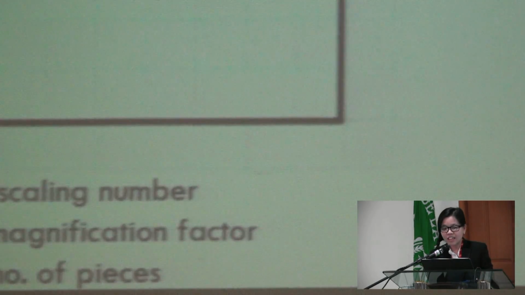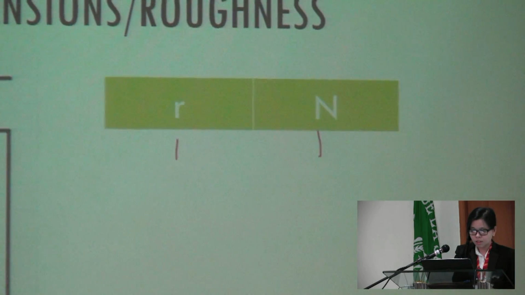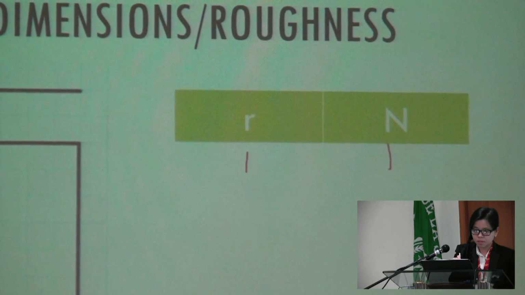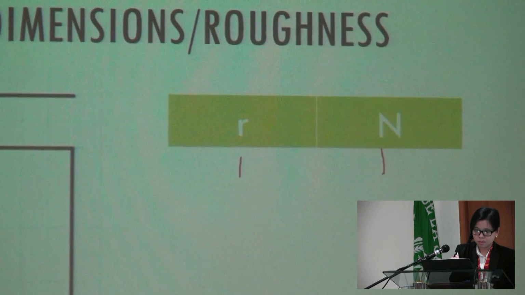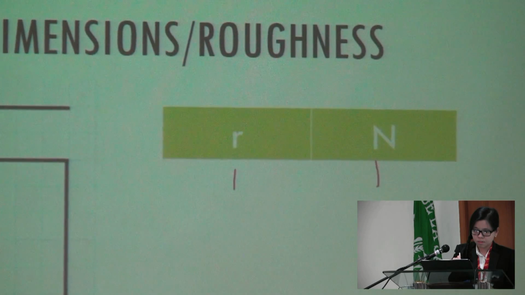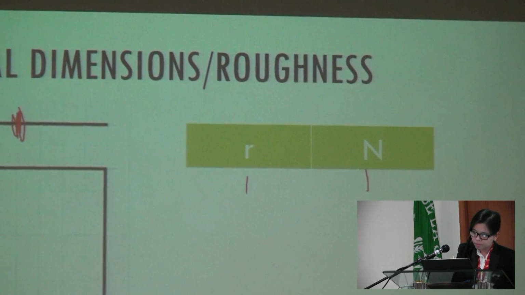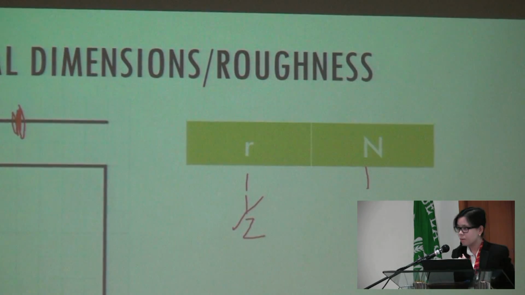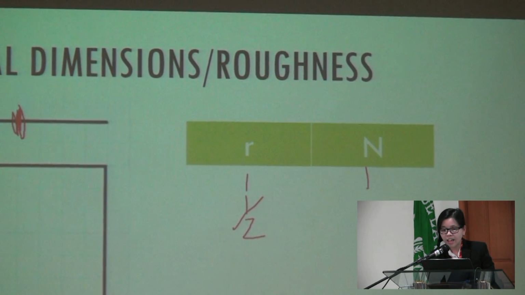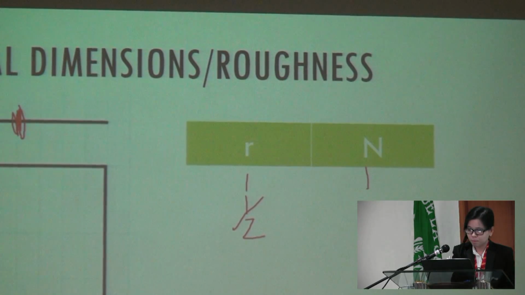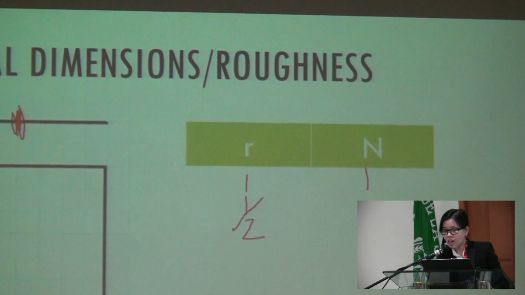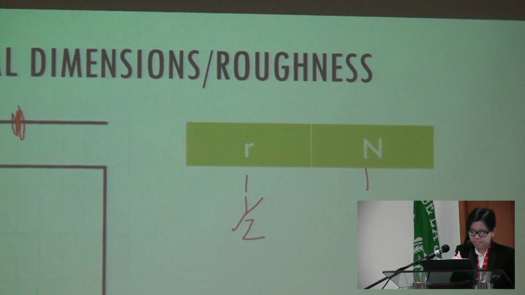Okay, now, next, I'll cut it into half. After I cut it into half, my R will be 1/2. Okay? And how many lines did I observe after cutting? 2. Now, I cut it again.